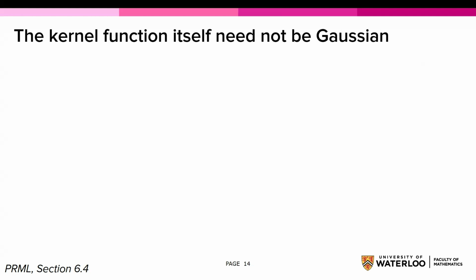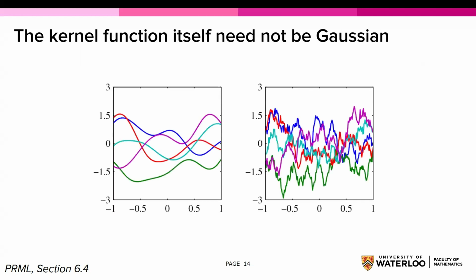There are a few restrictions. The kernel function has to be a Mercer kernel, so it must be positive semi-definite to ensure that the covariance matrix K is positive definite. And then each kernel can have its own hyperparameters to further influence the behavior of the functions. These plots here show two different kernels.